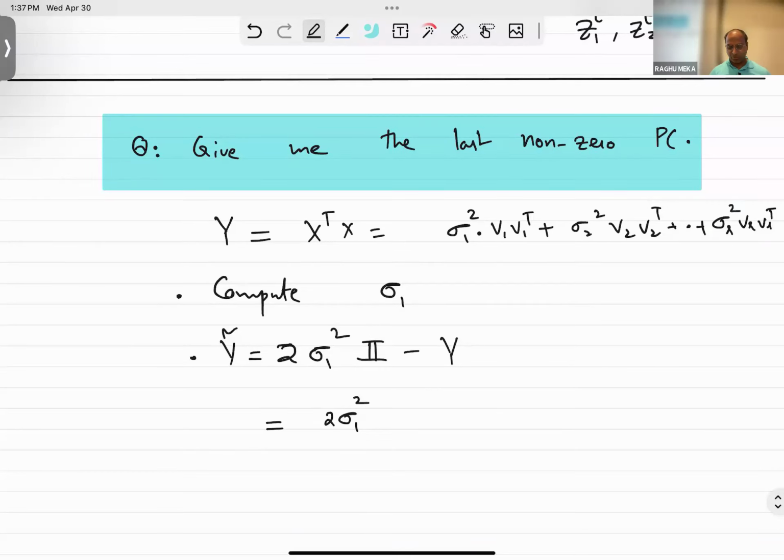So let's say Y is full rank for now. Okay, so I'm computing the smallest one.